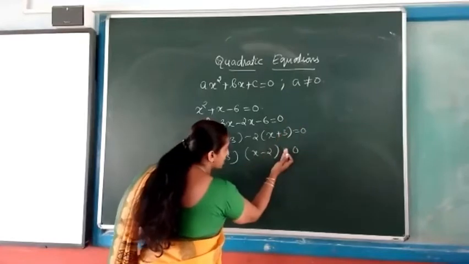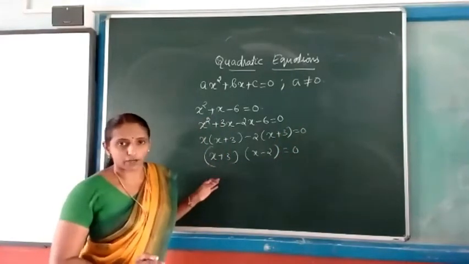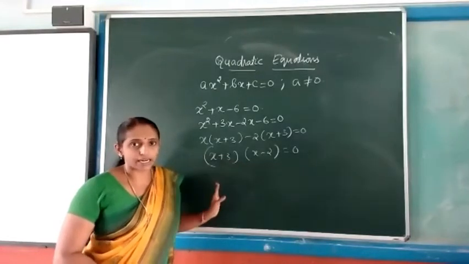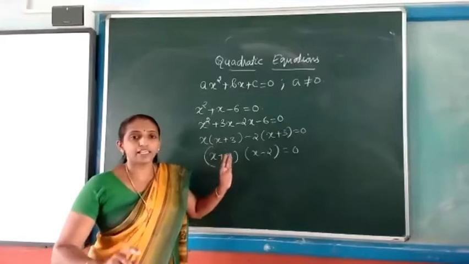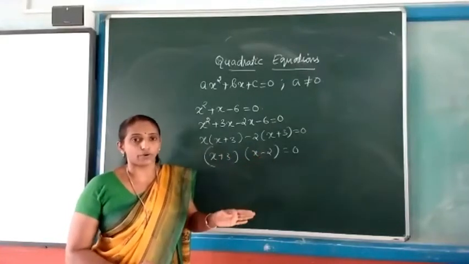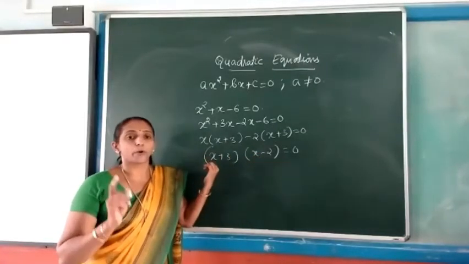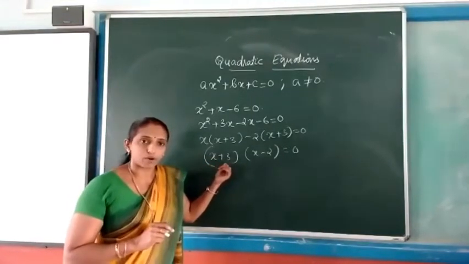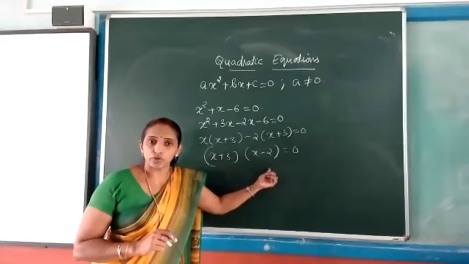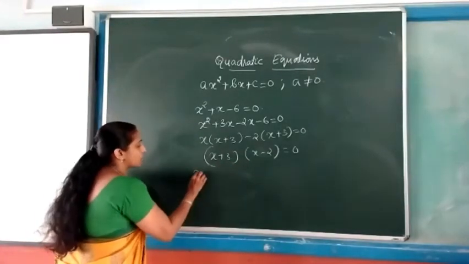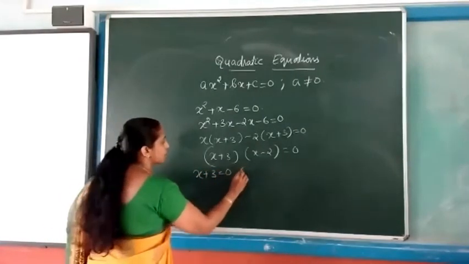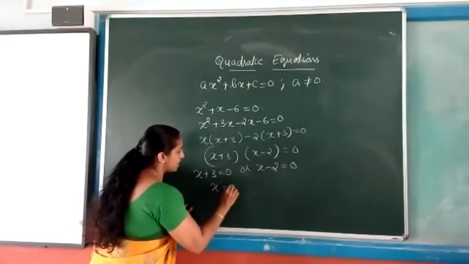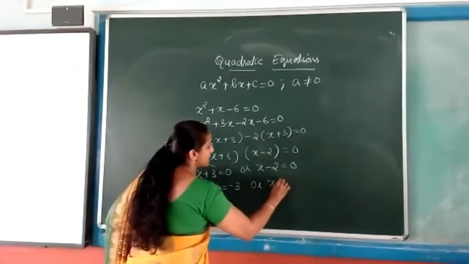Up to here you do the same as in a trinomial. Are you remembering? You factorize and write the factors. Here, you will equate these factors to 0. Finally, you get the product of two factors equal to 0. It implies that either x plus 3 equal to 0 or x minus 2 equal to 0, which implies x equal to minus 3 or x equal to 2.